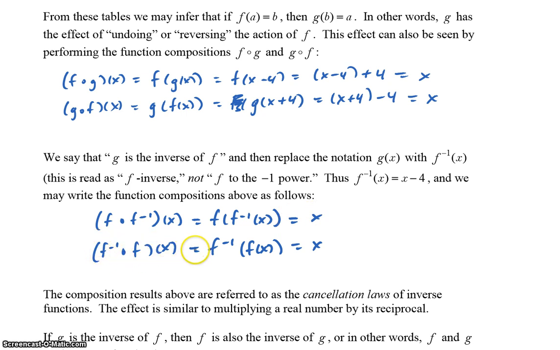The results we've written above are often referred to as the cancellation laws of inverse functions. If the inverse of a function exists, it cancels that function under function composition in the same way that the reciprocal of a number cancels the number under multiplication.